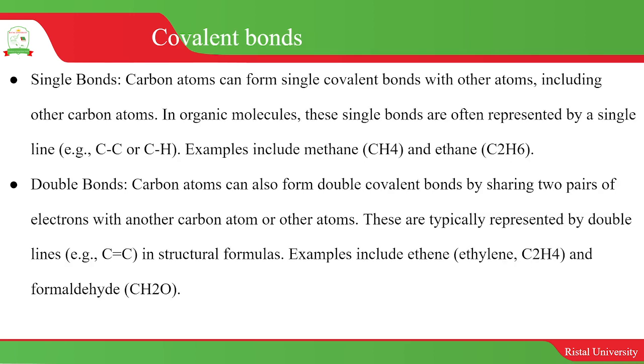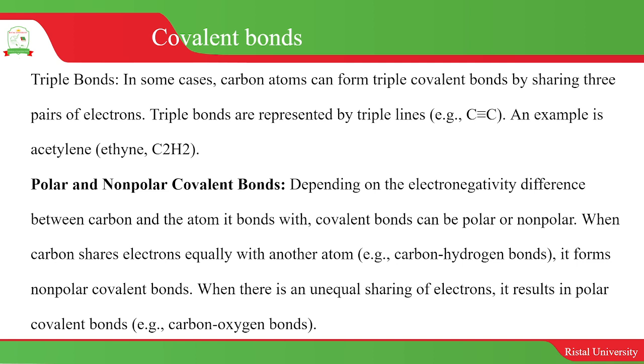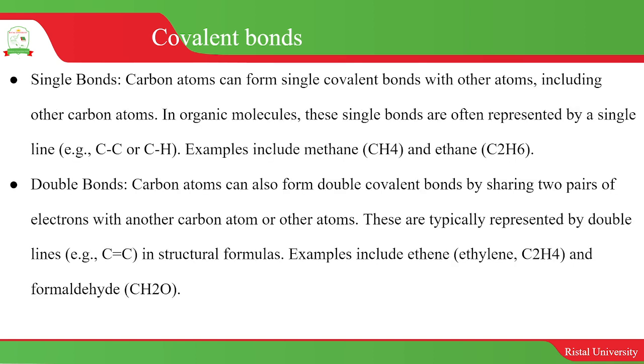Okay, so these covalent bonds can be single bonds or double bonds or even triple bonds. So when we have single bonds, you see a dash. This dash that you see here, C and a C, and then in between there is a dash. That is a bond. It signifies a bond.